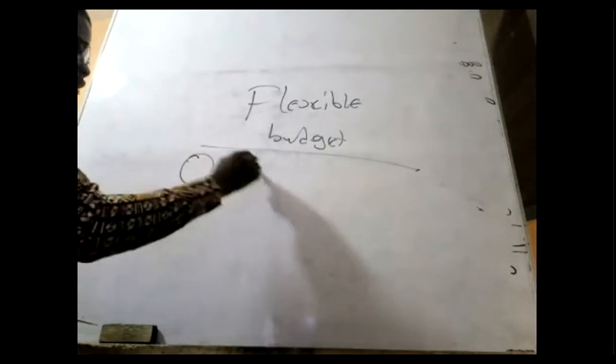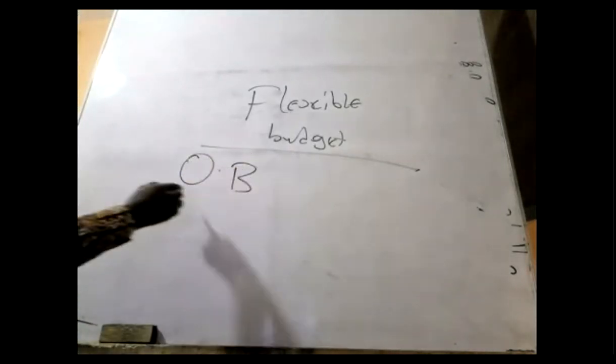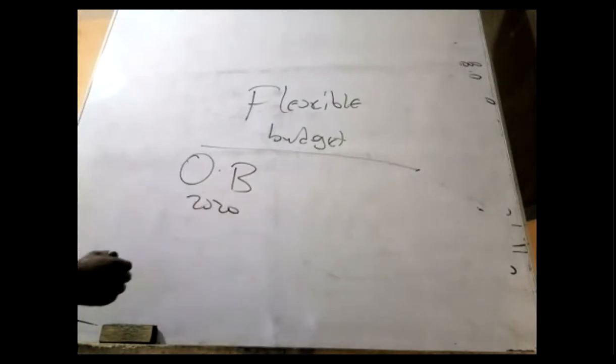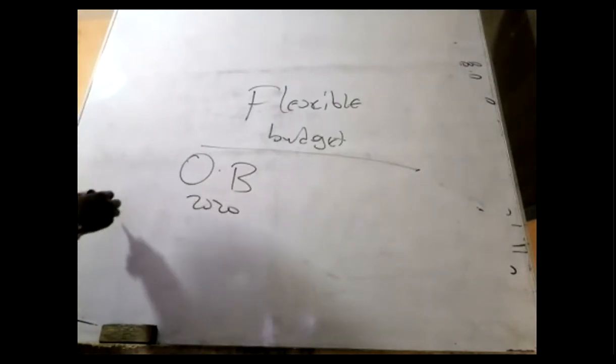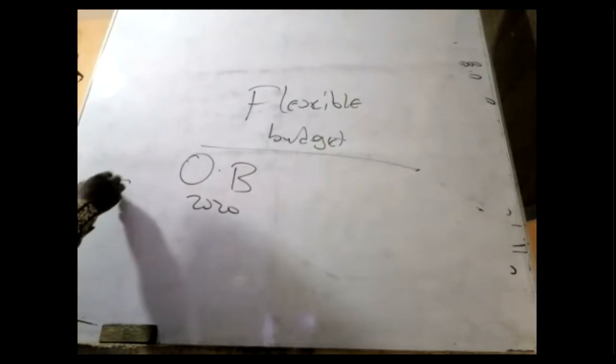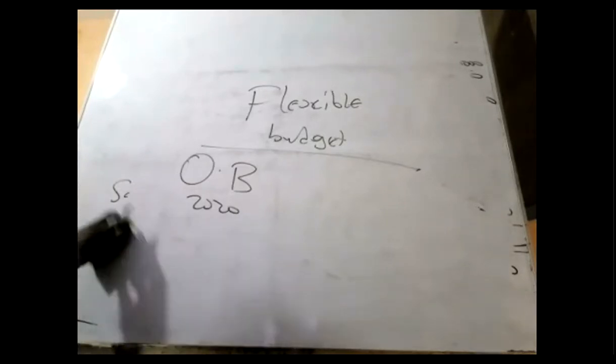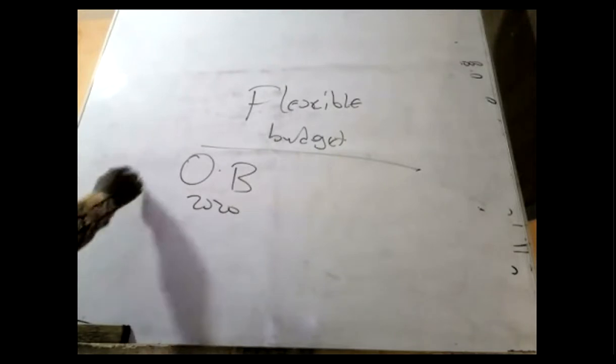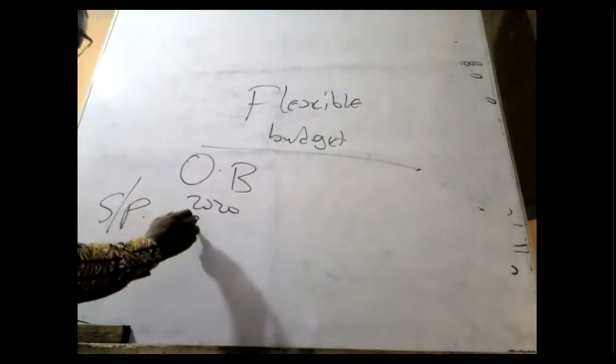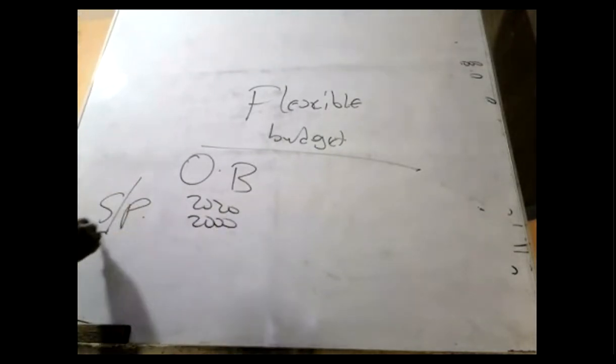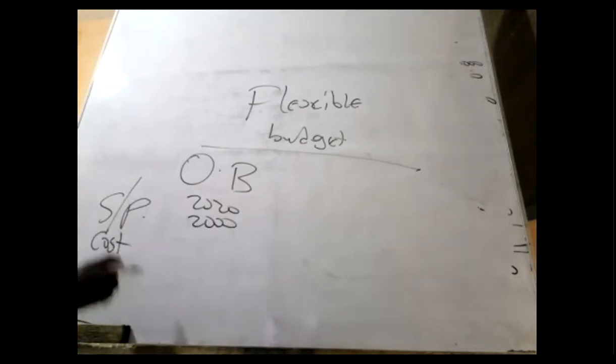Let's assume that you have your original budget. Your original budget states that in the year 2020, you are going to sell sales units and production units. So sales and production units 2,000. The costs are as follows.